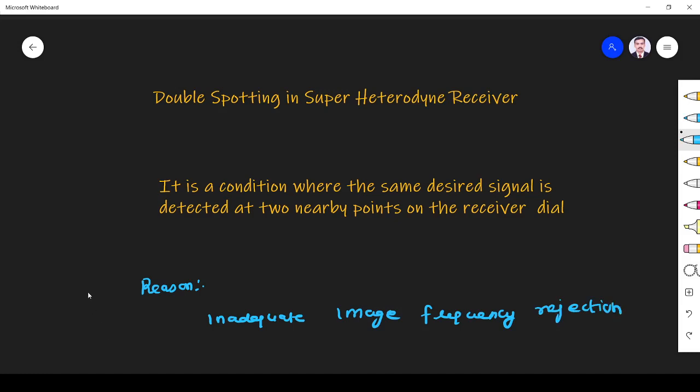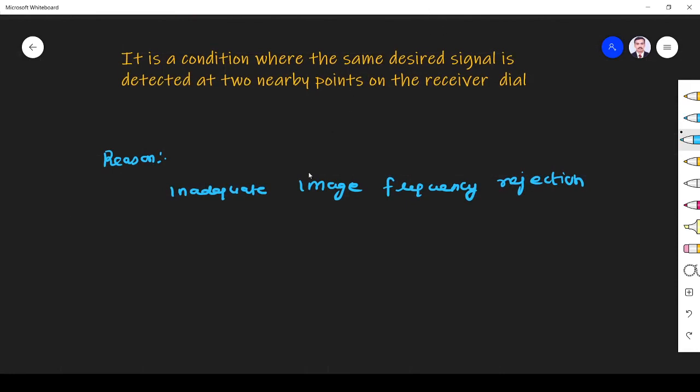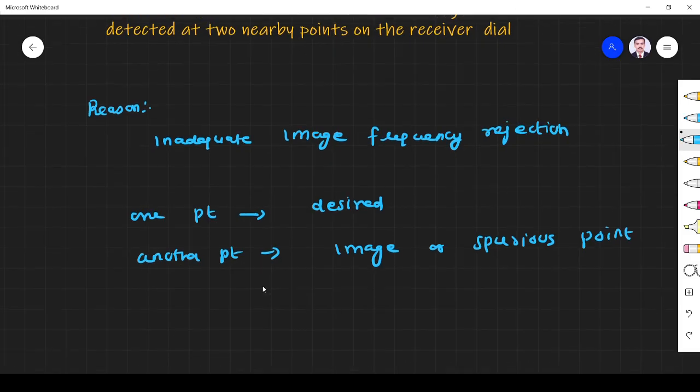Here we detect the same signal at 2 points. One must be the desired point, and another point is the image point, or spurious point. The names for the 2 points I have given here.